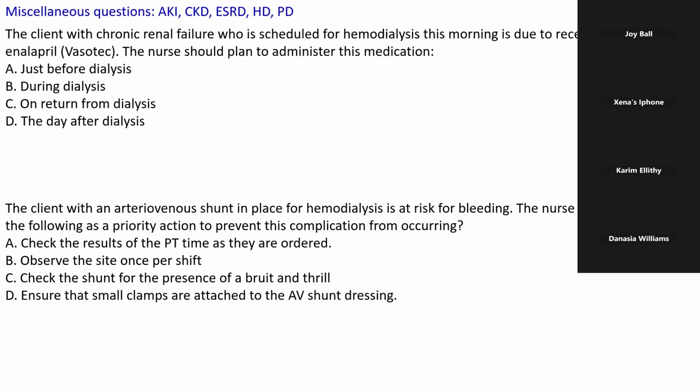That's when they create the shunt. They join the vein with the artery, and the ends of the cannula are joined. So if accidental disconnection occurs, the client could lose blood rapidly. For this reason, small clamps are attached to the dressing that covers the insertion site to use if needed. So the answer is going to be D.